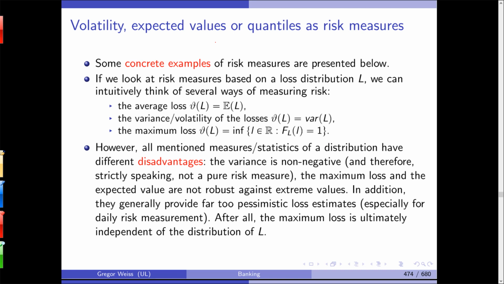First thing we could think about is average loss, expected value. Second thing we could do is taking the variance or the standard deviation, also called volatility of the losses, or the maximum loss. I've already told you that it's not very smart to take the expected loss or to take the maximum loss. That's too pessimistic. However, volatility sounds nice.